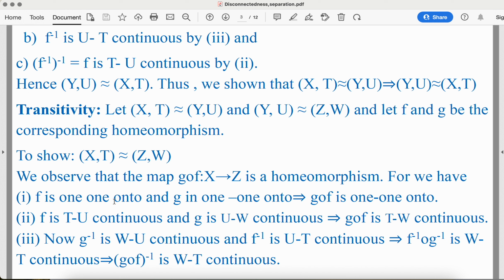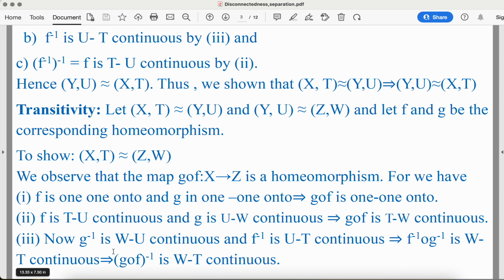If f is 1-1 and onto and g is 1-1 and onto, then g∘f is also 1-1 and onto. By definition of homeomorphism, f is T-U continuous. Also because g is a homeomorphism, g is U-W continuous. It means g∘f is T-W continuous.